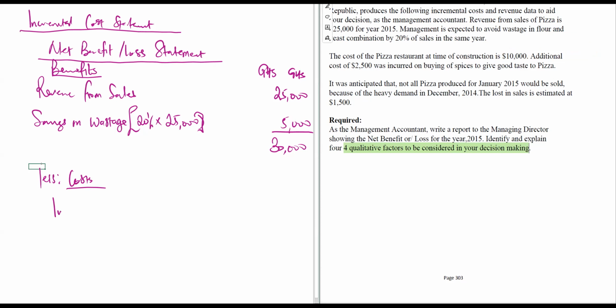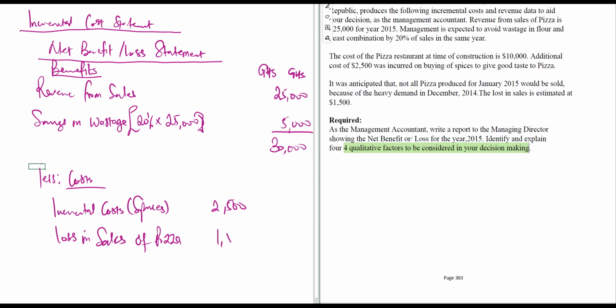So incremental costs for spices: we are going to buy the spices for 2,500. And then he said it is anticipated that we are going to lose sales, so loss in sales of pizza is 1,500.